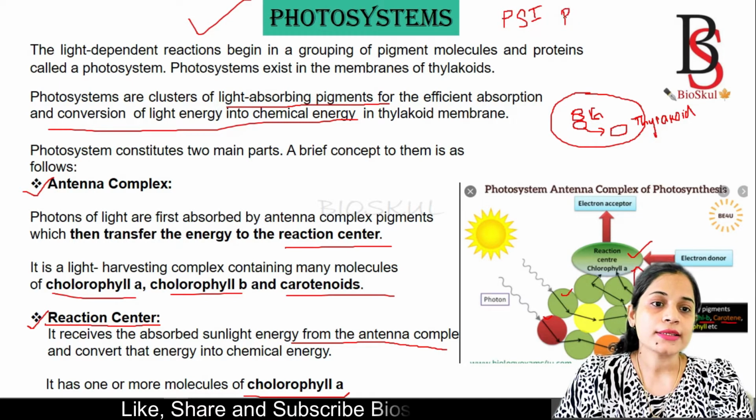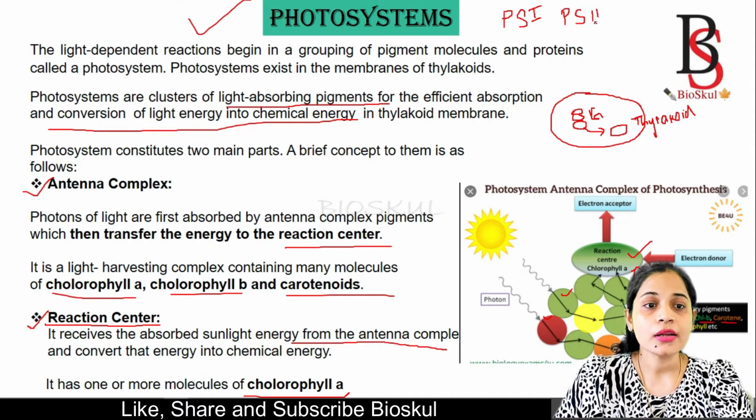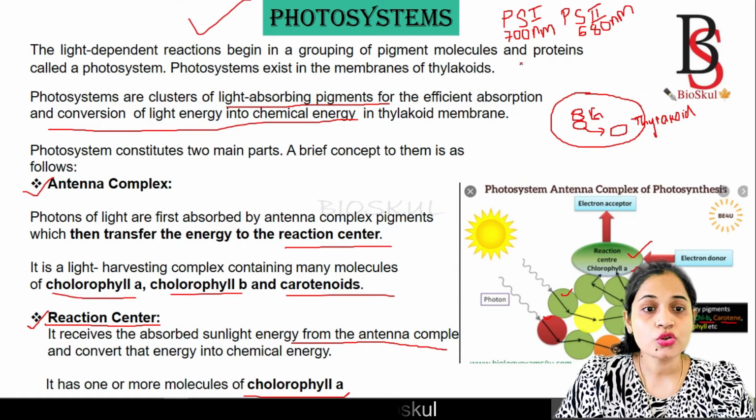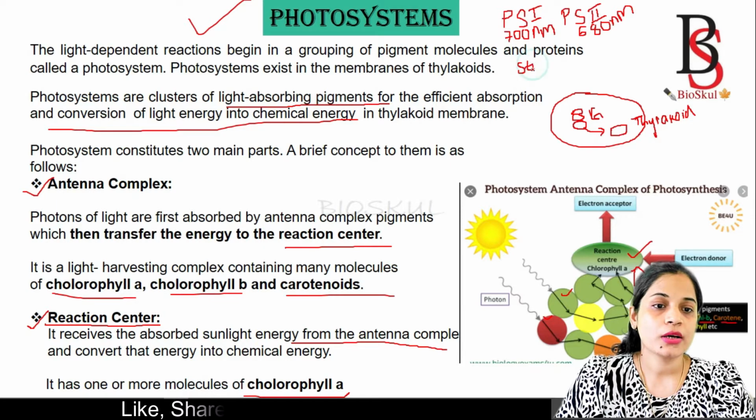They are named photosystem 1 and photosystem 2 in order of their discovery. Photosystem 1 absorbs light of wavelength 700 nanometer, whereas photosystem 2 absorbs a wavelength of only 680 nanometer. And photosystem 1 is present in the stroma lamella.